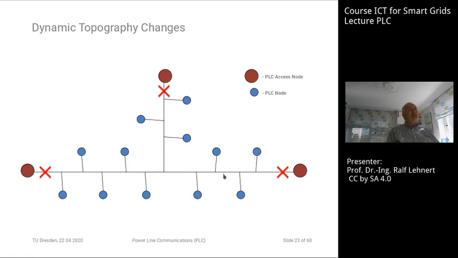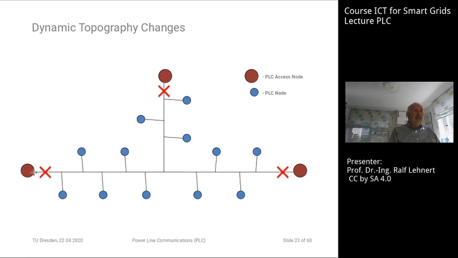As I mentioned already, the powerline communication channel is varying over time, due to noise, impedance changes and so on. That means if you have, let's say, in this case 3 wide area network interconnections, access nodes, all of them are connected to the internet, but there might be failures.